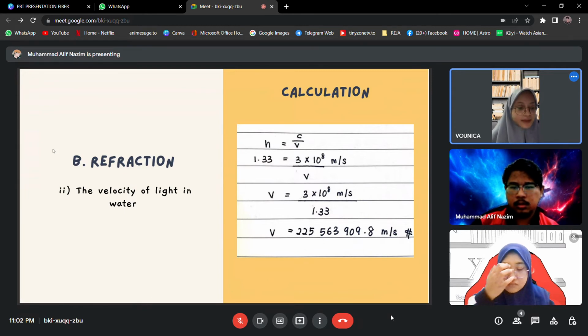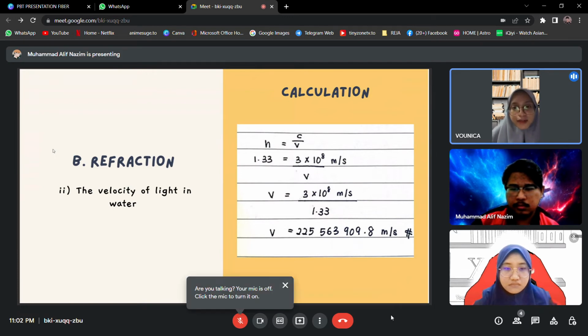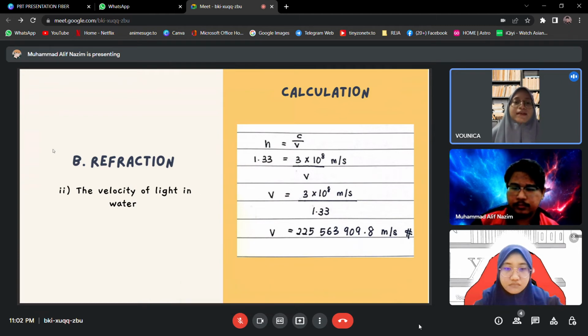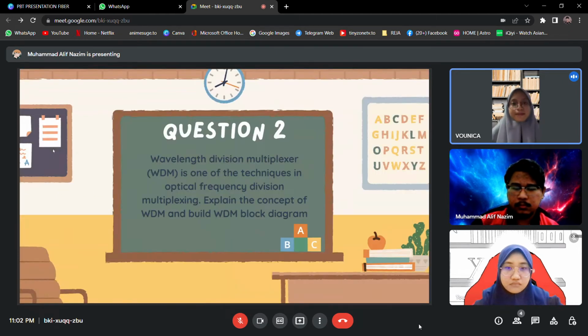N is the refractive index of water, which is 1.33. So we put the values into the formula and got the final answer of 225,563,909.8 meters per second for the velocity of light in water.